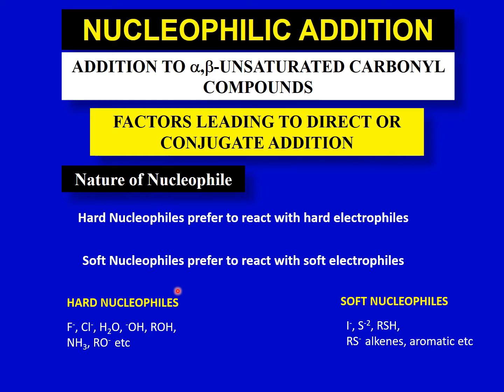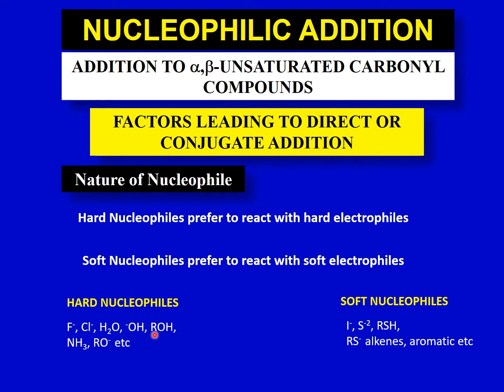So from the soft and hard acid base concept, you already know that hard species have a higher charge density while soft species have a lower charge density. Moreover, the polarizability of soft nucleophiles or bases is also greater than hard nucleophiles or bases. So based on this criteria, we can classify these nucleophiles as hard and soft.